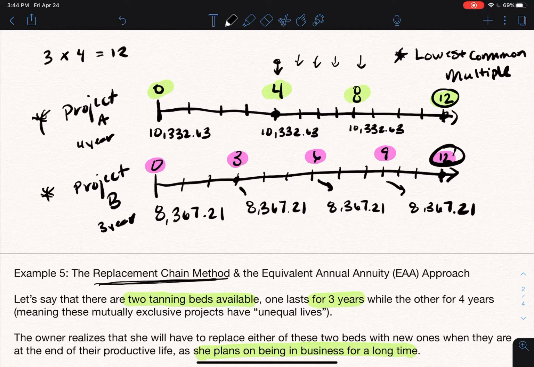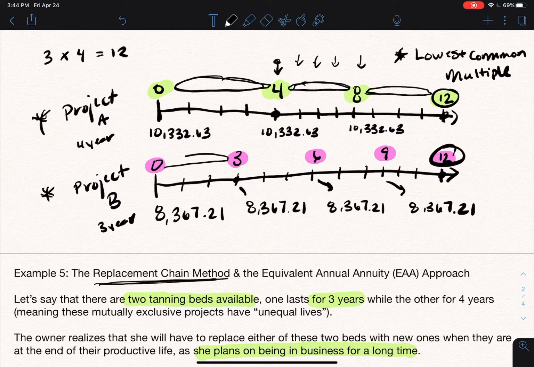And so what I've created, you're going to love this, is a chain. These are chain links. This is my replacement chain. And I've done the same thing for Project B. I've created chain links. So for you visual learners, these are my chain links.